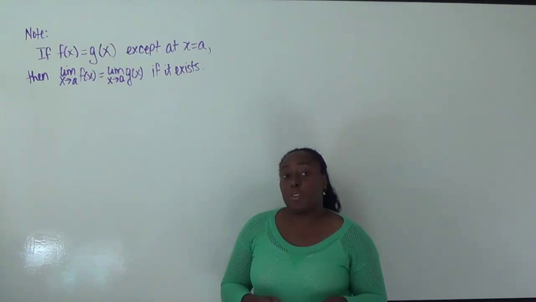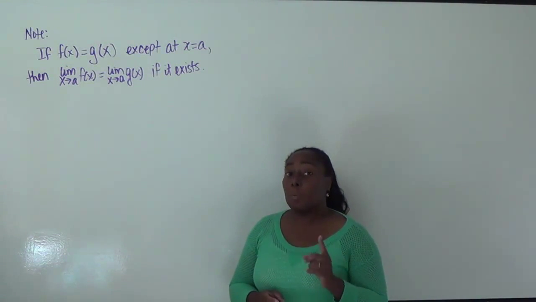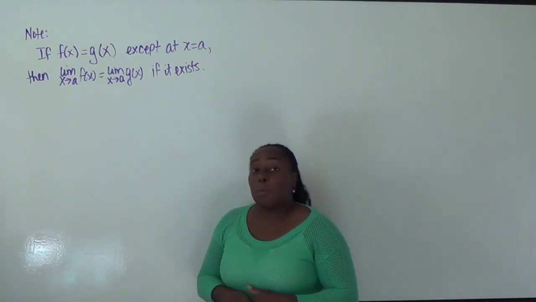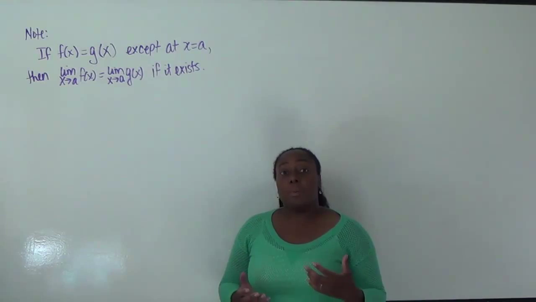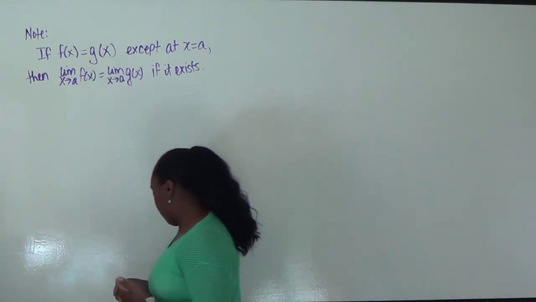If I have two functions, f and g, where they are equivalent everywhere but one point, so let's call it x equals a, then the limits are going to be exactly the same, even at that point. Okay?